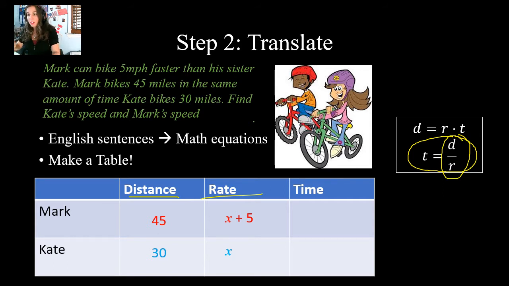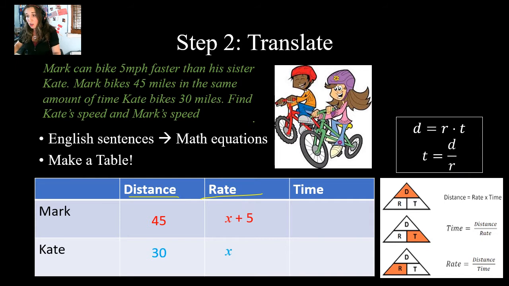I want to show you something. There's a little trick to help you remember these formulas, okay? You can make this handy dandy triangle, and in this triangle you put distance at the top and rate and time underneath. Whatever one you're solving for, you can figure out the formula you need. So if you're trying to solve for distance, well, that's rate times time, right? Distance equals rate times time. That's our original formula.